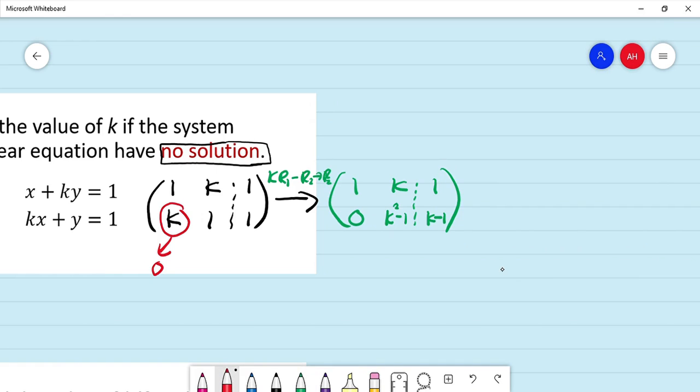Since we want the system to have no solution, this component here must equal 0, but this component must not equal 0. That's the condition to have no solution. We have to have a contradiction, remember?